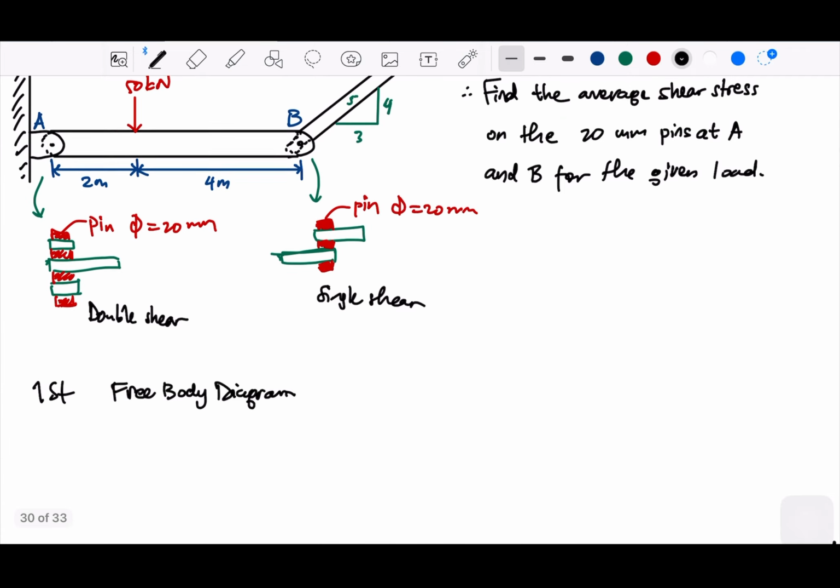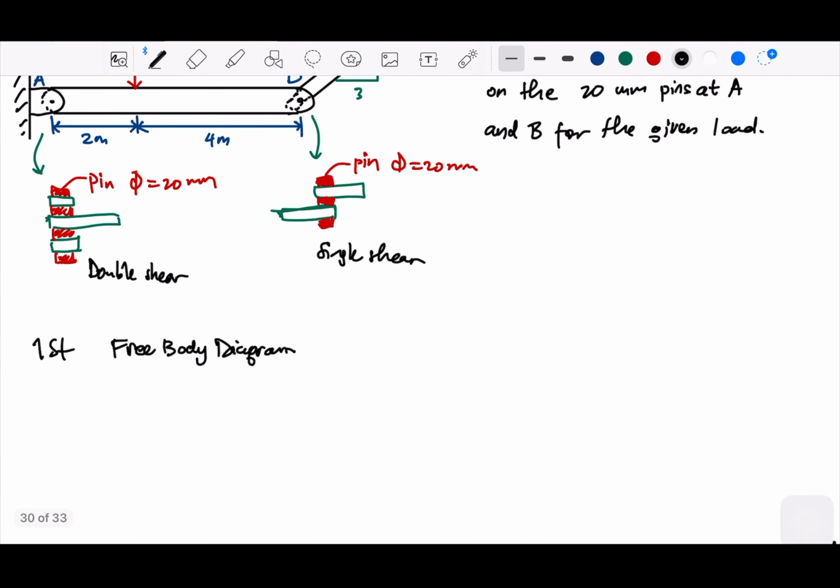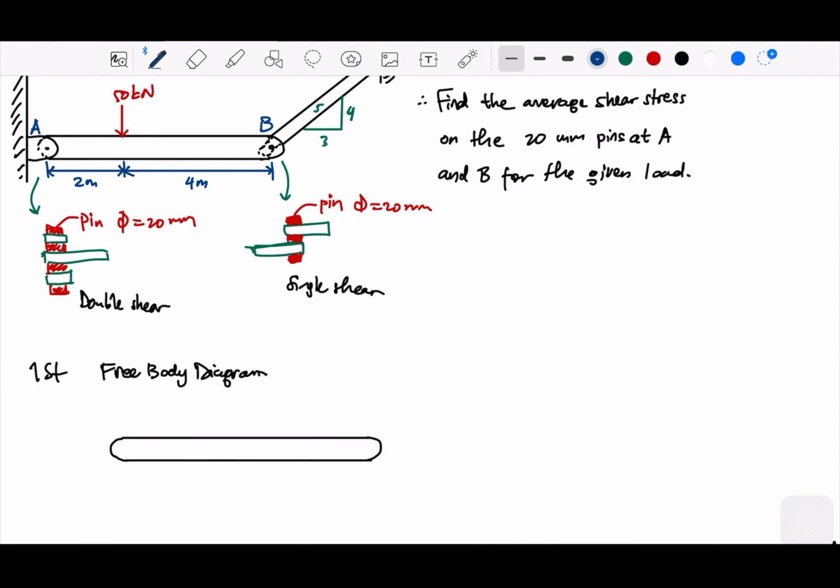So let me just take the AB. Let me draw AB. So this is A, B. So in A, we have a 50 kilonewtons, and we have pin A. Imagine there will be reactions, right?